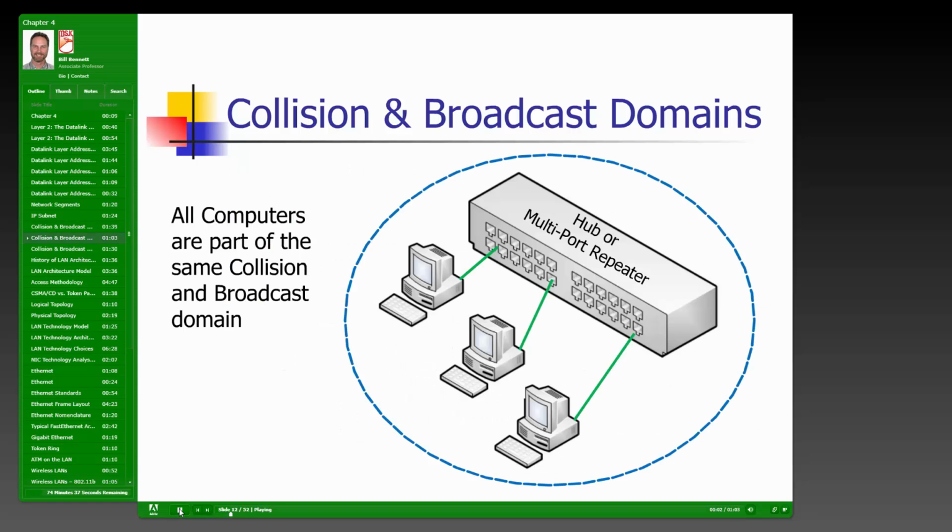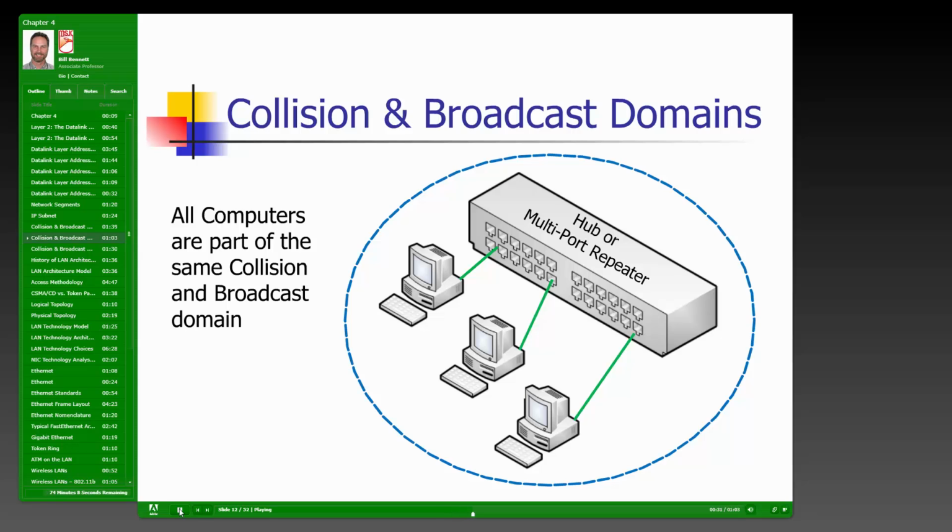In this graphic, all of the computers that you see are part of the same collision and broadcast domain, and that's because we're using a hub. If you look at the labeling on the device that we connect the computers to, this is a hub or a multi-port repeater, and in that type of device, when we send a message into the hub, it simply forwards that electricity out to all devices that are attached to it.